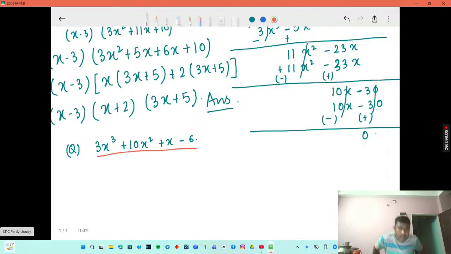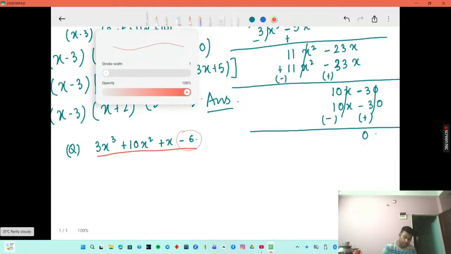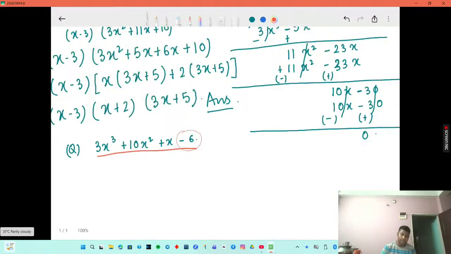So in order to solve this problem, first we have to take the constant part. Okay. Now after taking the constant part, what do we have to do? We have to find the factors of the constant.